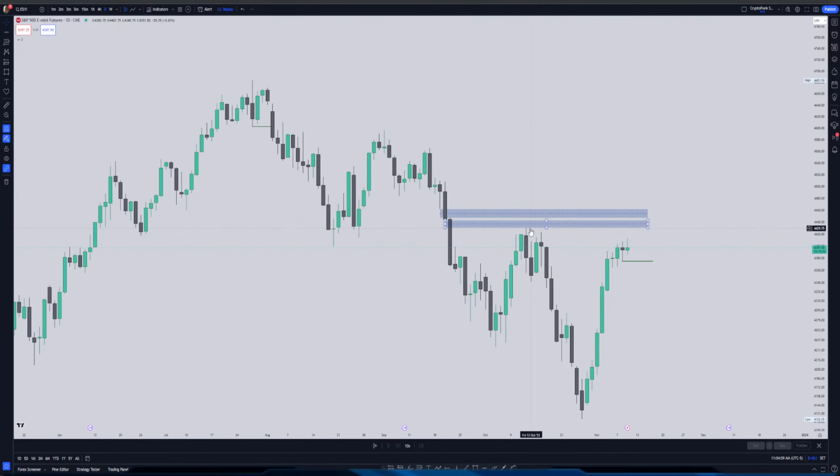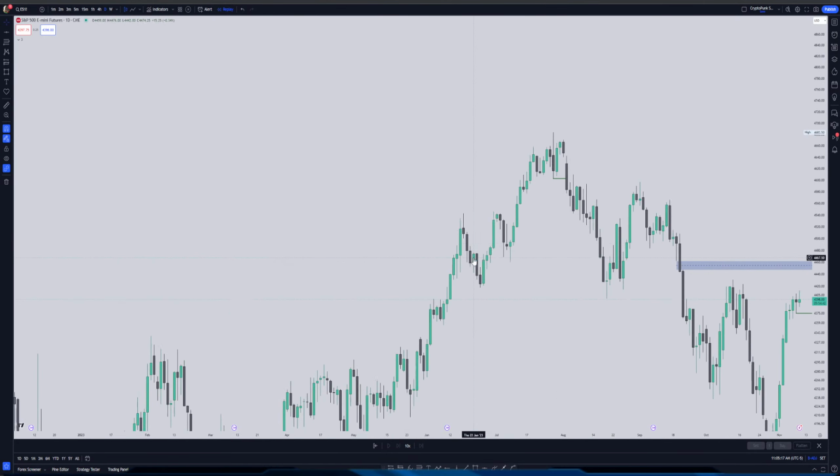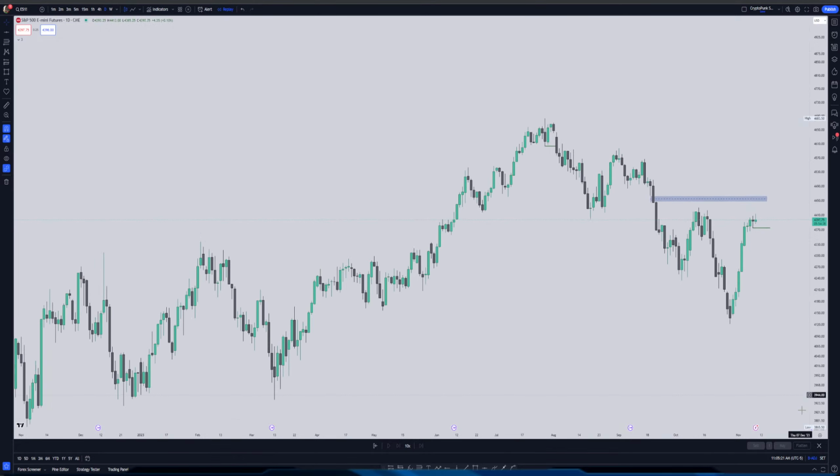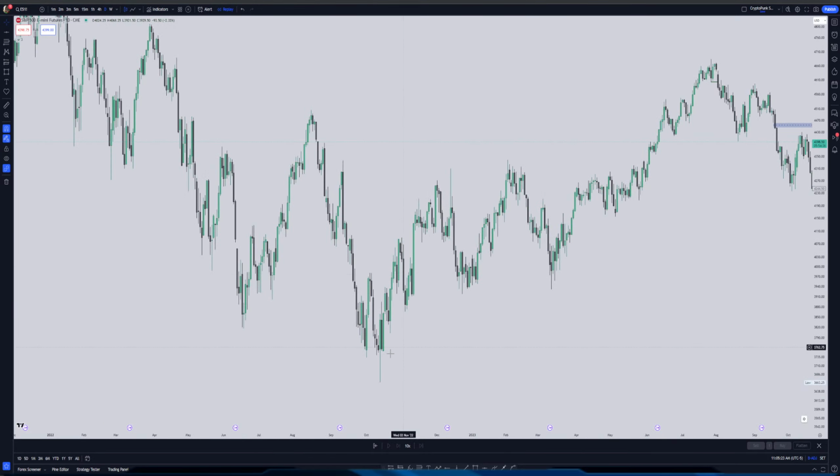Don't get me wrong. By open, that's why I'm not looking into this fair value anymore. I'm looking more likely at this fair value, and I'm expecting price to come and take these liquidities and then maybe respect. If it wants to continue lower, it may respect this fair value, and this will turn into my inducement. Remember inducement here, similar thing I'm expecting if it wants to go lower for more liquidities like this.